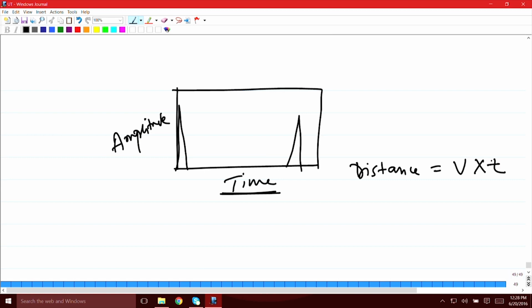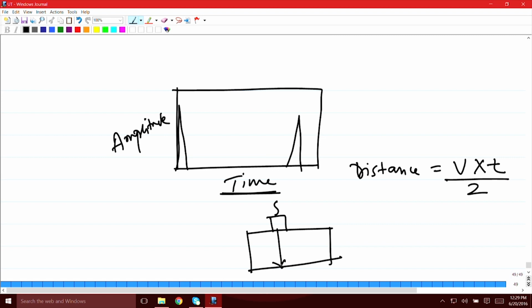But the other thing that you should remember is that this has to be divided by 2, because the waves are going back and forth.